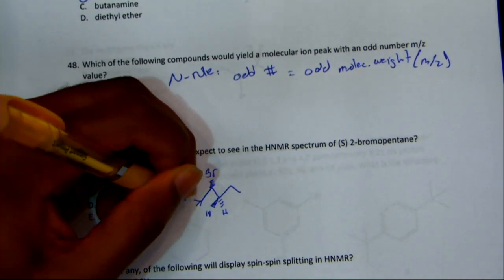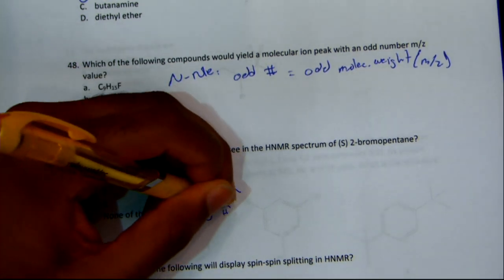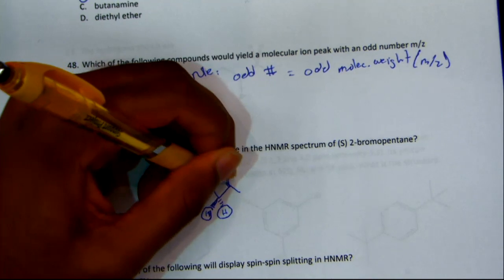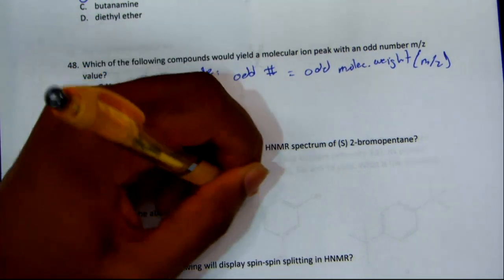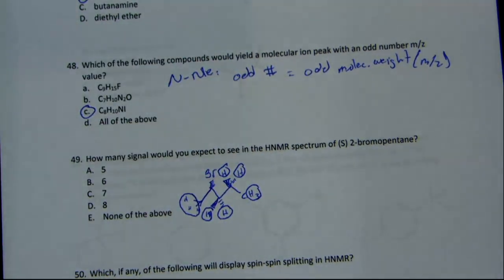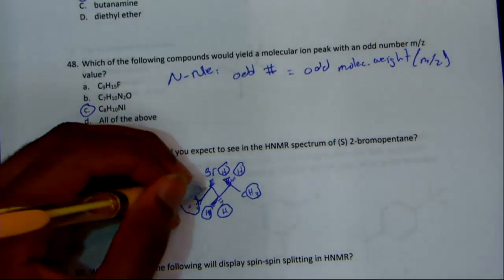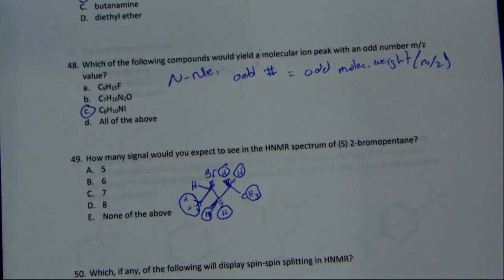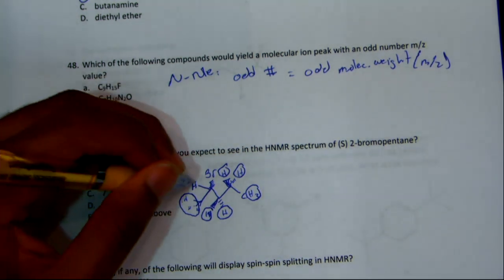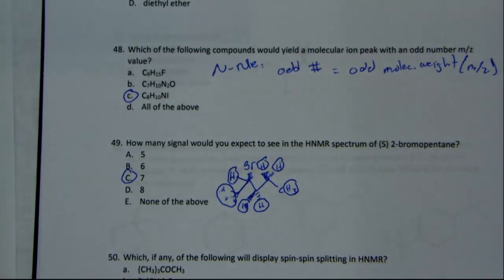Let me do these H's. So these are all equivalent. This one is not. This one and this one are different. Same with this one and this one, also different. And then this CH3, all the same. So we got 1, 2, 3, 4, 5, 6. Wait, there's also a hydrogen here. Don't forget that. 7. Isn't it 8? 1, 2, 3, 4, 5, 6, 7. It's okay. Feel free to correct me though, because that should happen.